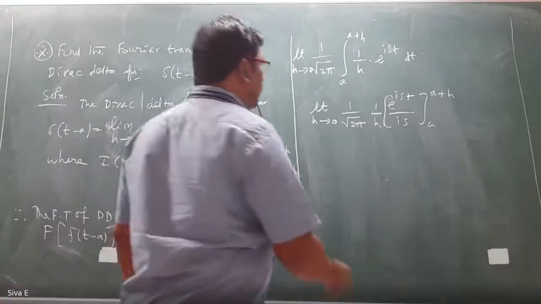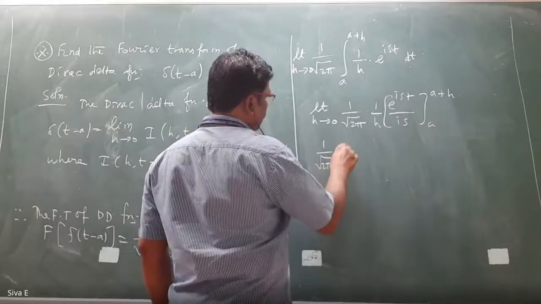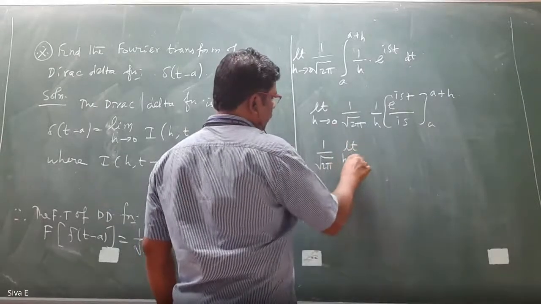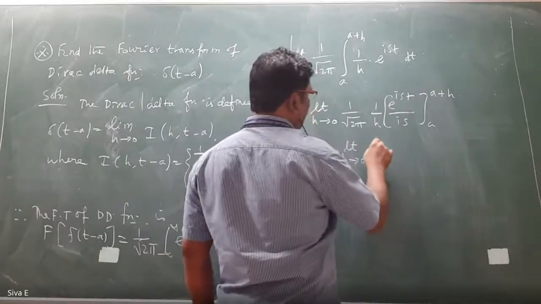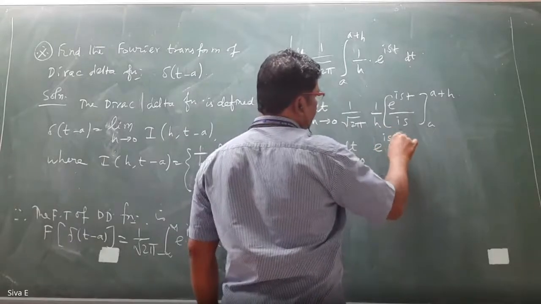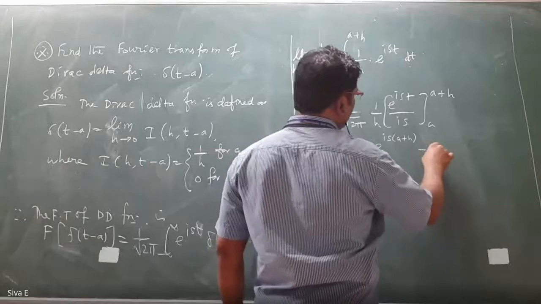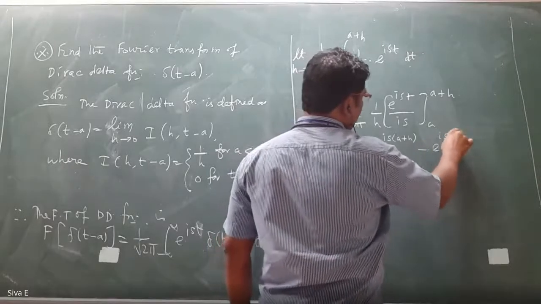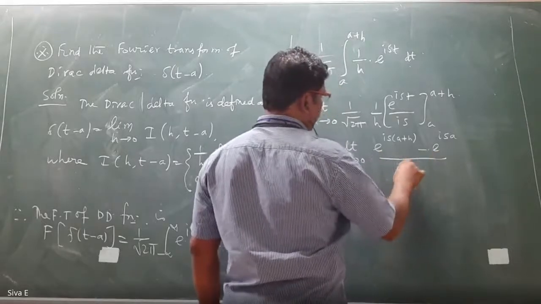So here 1 by root 2 pi, take it outside. Limit h tends to 0, the integral of e power ist is e power ist divided by is, evaluated from a to a plus h. So e power is times a plus h minus e power isa, divided by is h.